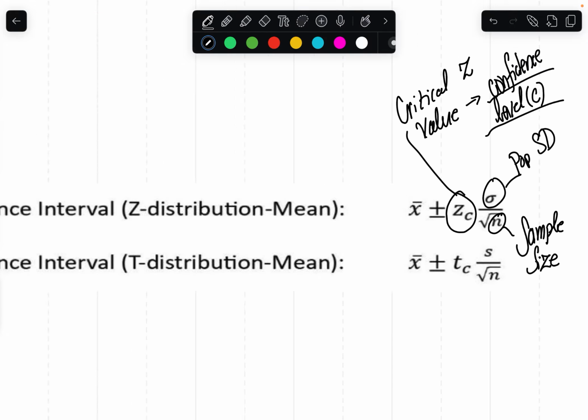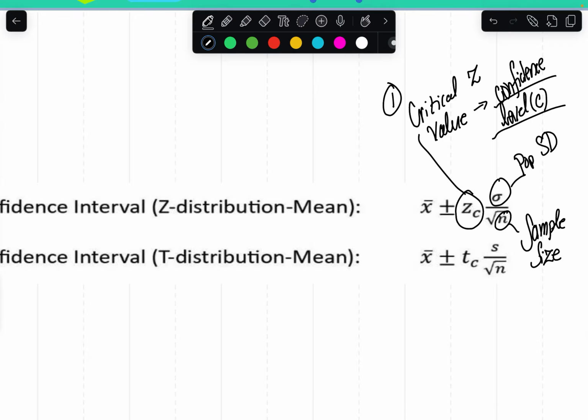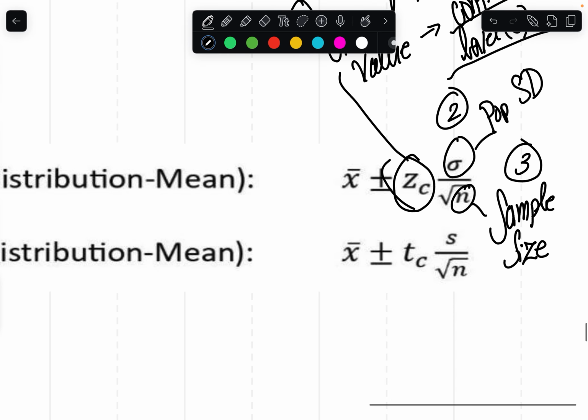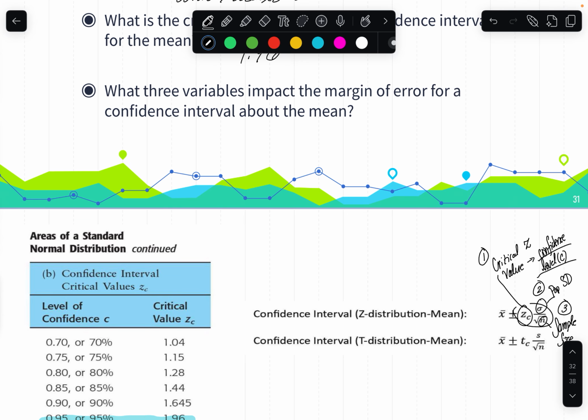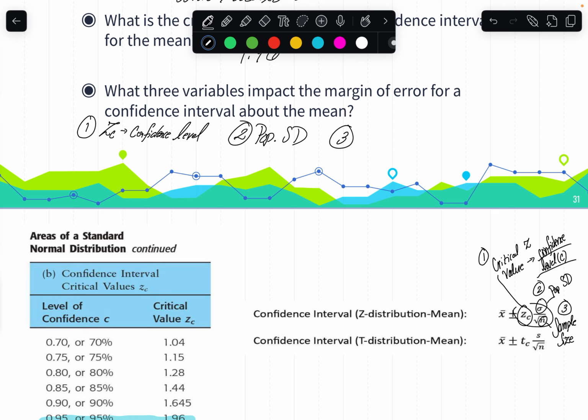Okay, all 3 of these are going to be the things that affect your margin of error, which is the second term in your confidence interval equation. Okay, just for completeness sake, we're going to write it out here: your critical z-value or your confidence level, your population standard deviation, and your sample size.